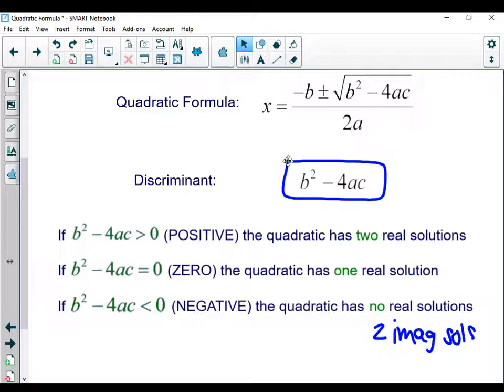So it holds a lot of weight, more than just the quadratic formula. This only tells you how many solutions you're going to have and what kind, real or imaginary. So it's only going to be 1 or 2, and it's going to be real or imaginary.